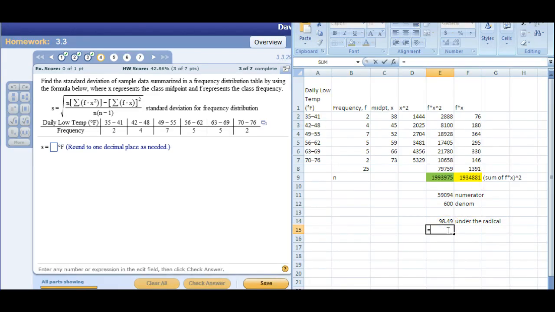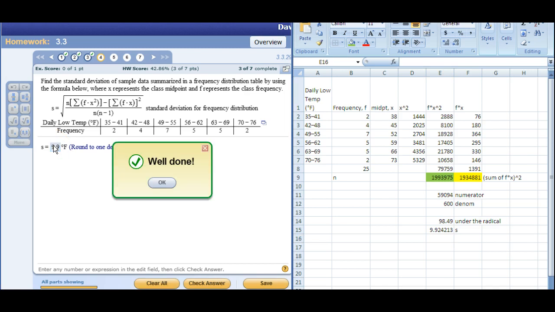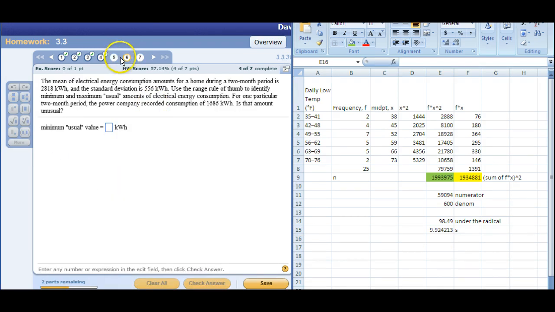And then finally equals SQRT, square root, and then click there. And there's our estimate of this. They want us to round it to 1 decimal place, so 9.9. Number 5 is the same as 4, so I'm going to skip ahead to 6.